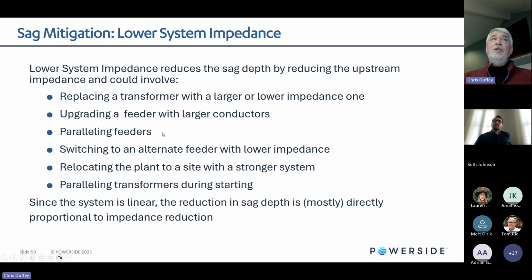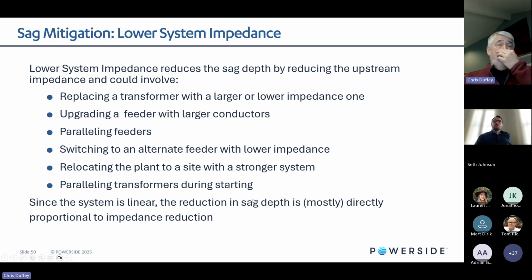Not what utilities like to do, but it is there. Switching to an alternate feeder with a lower impedance. I've actually seen this done before, where a plant was put on a different feeder and routed from a different substation because it gave greater strength to the system. Relocating, literally picking up your whole plant, relocating it to a site with a stronger system. You can imagine how expensive that is.